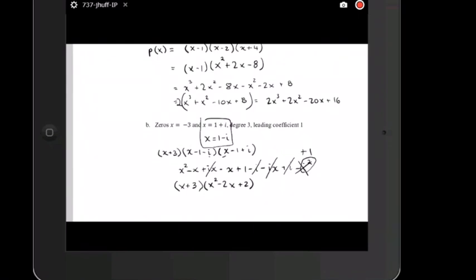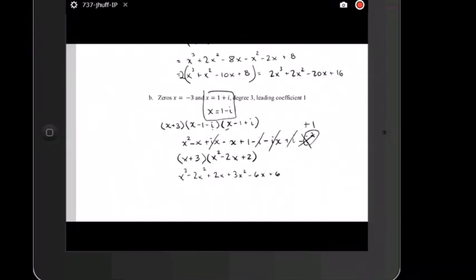And then you got to multiply that with the x plus 3. You're going to get x cubed minus 2x squared plus 2x plus 3x squared minus 6x plus 6.